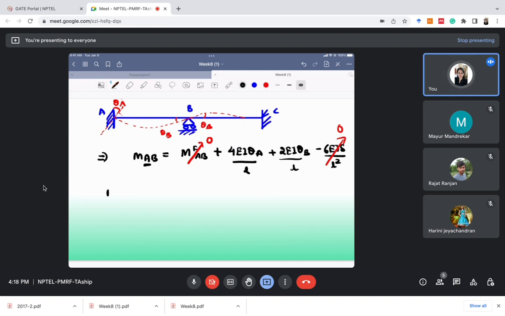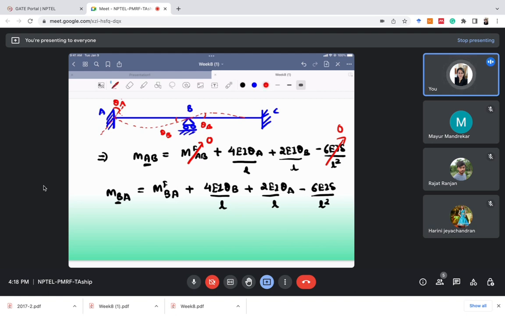Let's write it for MBA also. MBA will be MFBA, a similar equation. Here B has come first, so it will be 4EI theta B over L plus 2EI theta A over L minus 6EI delta over L square.